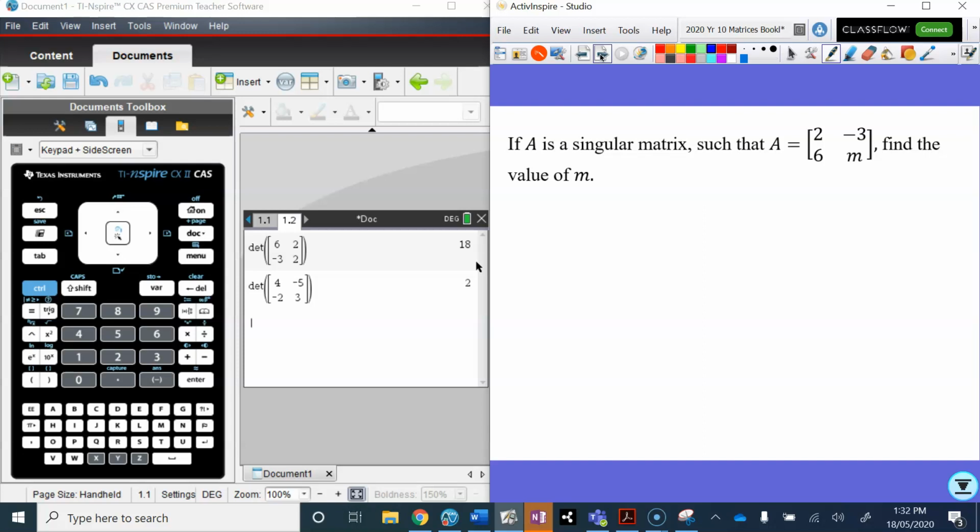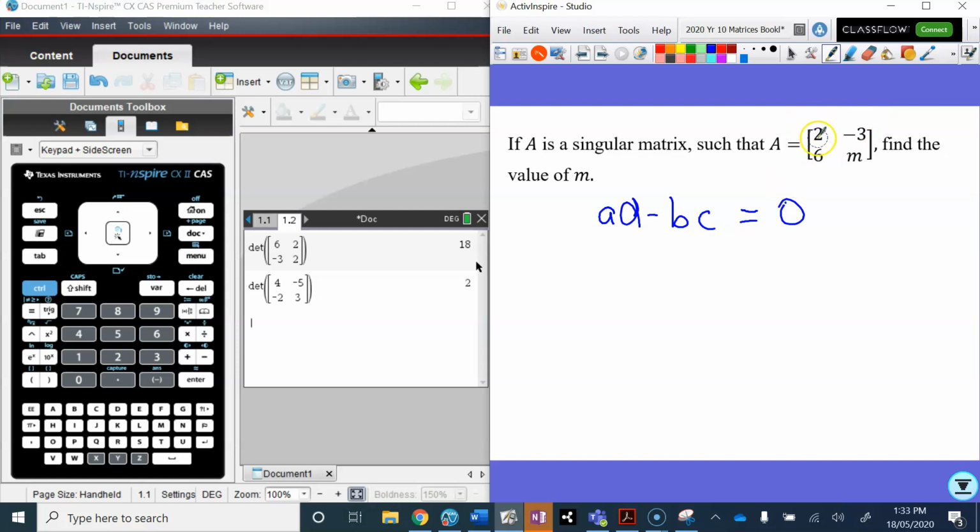So I'm assuming if you got a question like that, that you understand that singular matrix means this matrix has a determinant of 0, find the value of M. So if you know the determinant is 0 and you know the calculation for determinant is A times D minus B times C, you know that information, we can use our values in the matrix A to calculate the unknown value M.